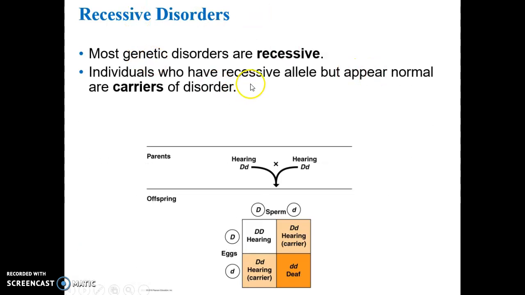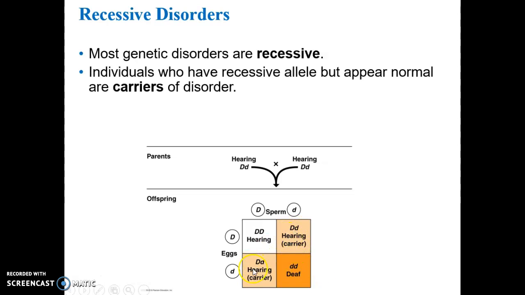So individuals who have recessive alleles but appear phenotypically normal are referred to as carriers. So for example, a type of deafness is based on a recessive allele. So the person is deaf if they are homozygous recessive.